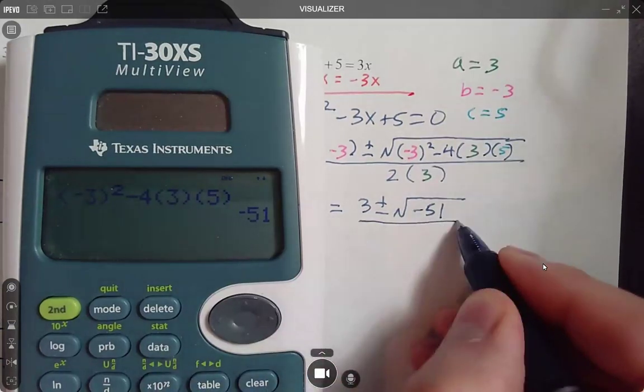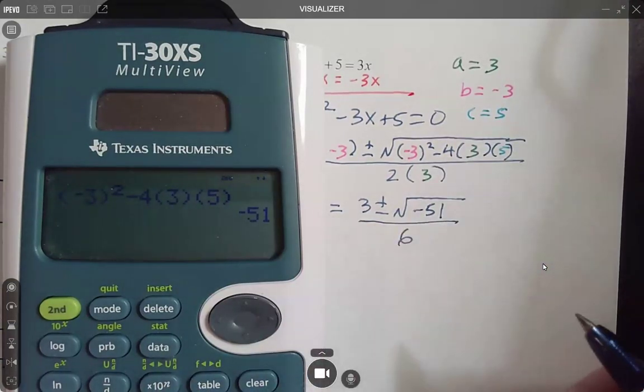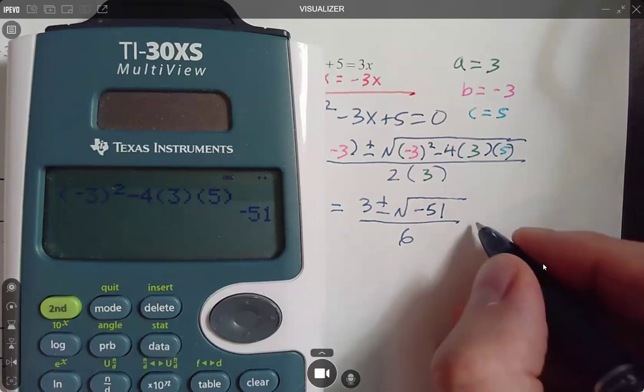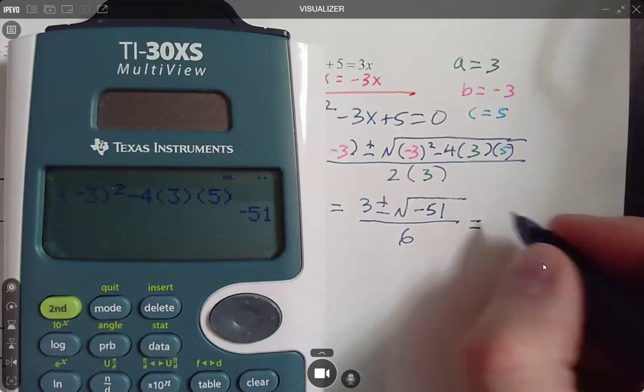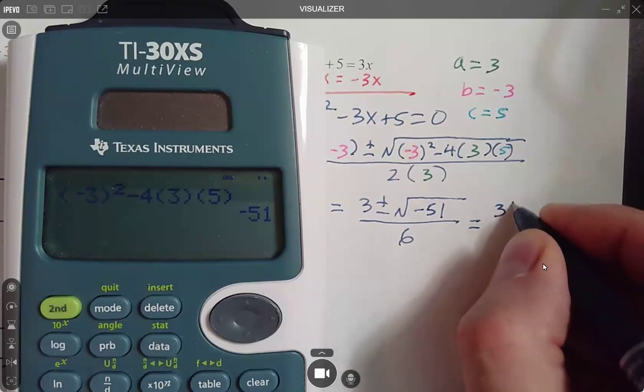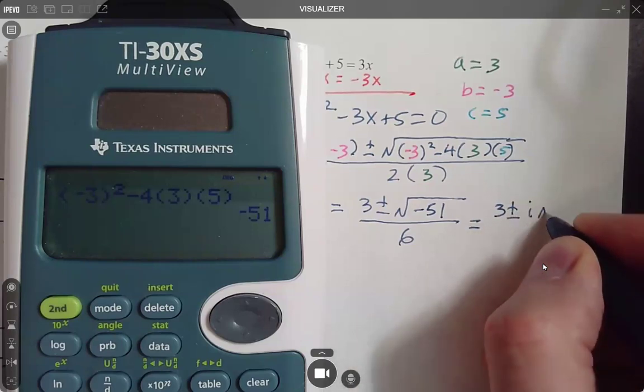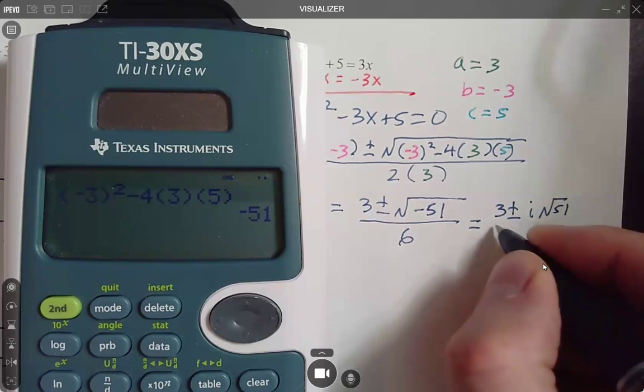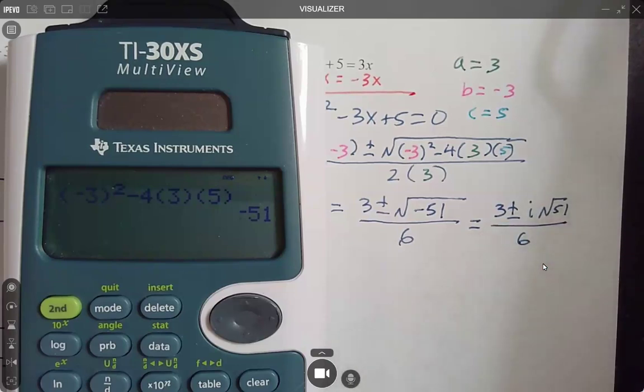And then 2 times 3 is 6. So when we have a negative in the square root, we need to write this in terms of i. So we're going to rewrite that as 3 plus or minus i square root of 51. And you're not going to be able to break down the square root of 51. In fact, if I take the square root of 51, the calculator's just going to give me the same thing back because we can't break it down any further.